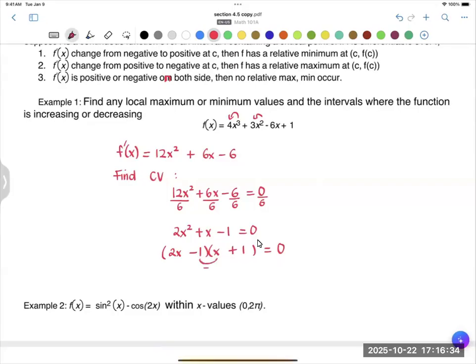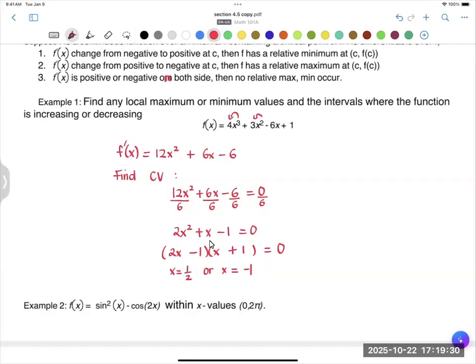This is negative x and this is 2x, so 2x minus x is x, which is good. So we have 2x minus 1 and x plus 1. So 2x minus 1 equals 0 and x plus 1 equals 0. So we have x equals 1 half or x equals negative 1. Okay, so we have two critical values.